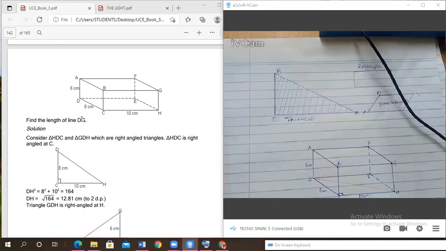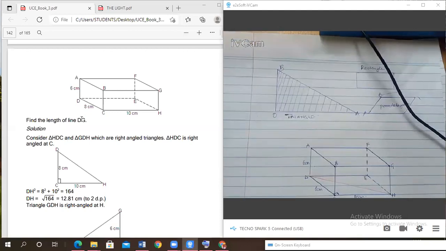Find the length of the line DG. So the line that they are telling us to find is this line from D to G. If I may draw that using my blue pen, from D to G, that's the kind of line they are telling us to find.